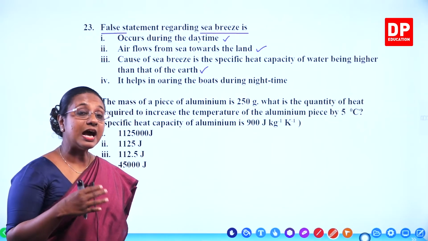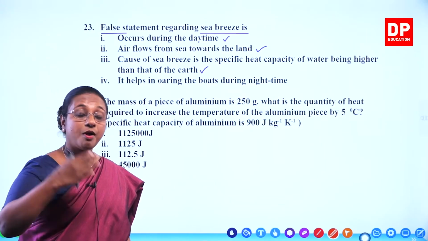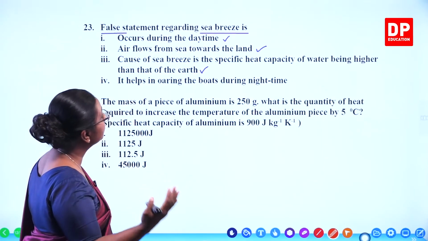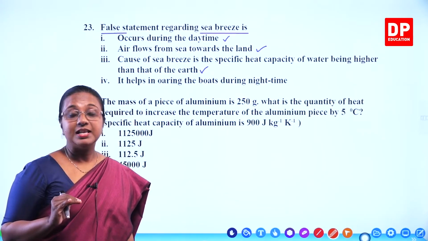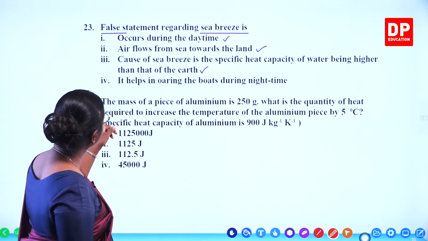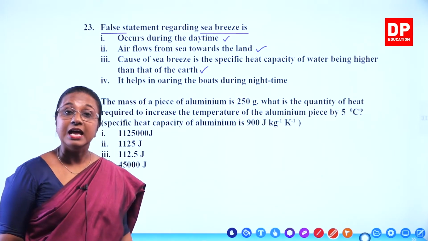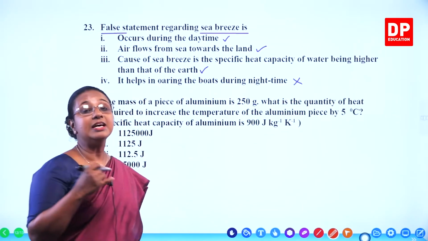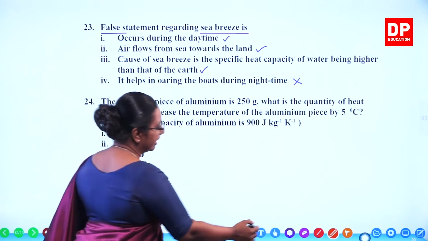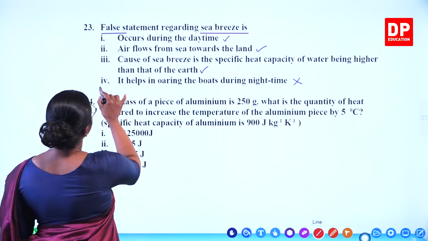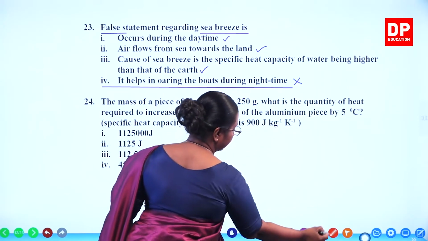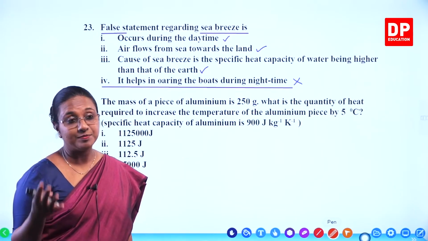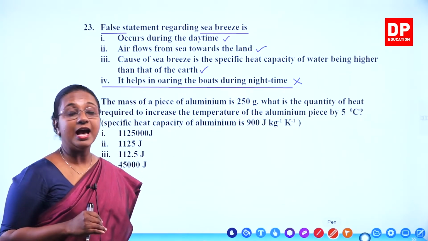Why? Normally night time it is the land breeze from land towards the sea, whereas sea breeze helps to bring the boat towards the land, that is during the daytime. So it helps in oaring the boats during the night time is wrong because it occurs during the daytime. So the answer will be it helps in oaring the boats during night time. That is the incorrect part of the answer.